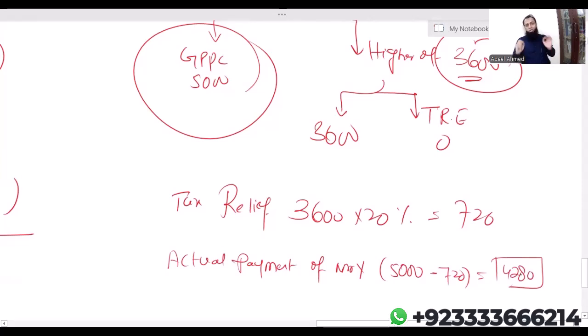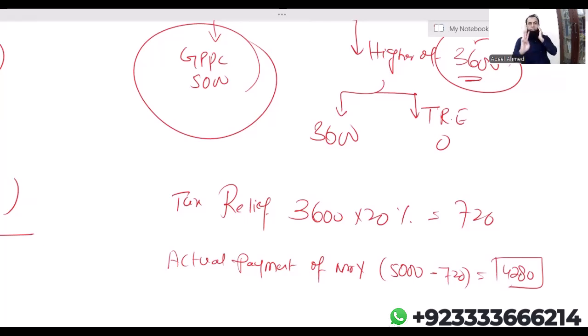So now, students, you should have a really good grip: whenever you see gross PPC in the question, take a pause and decide by what amount the bands will increase. First get the higher of 3,600 and the total of relevant earnings.